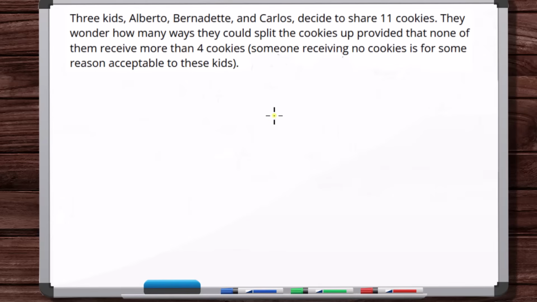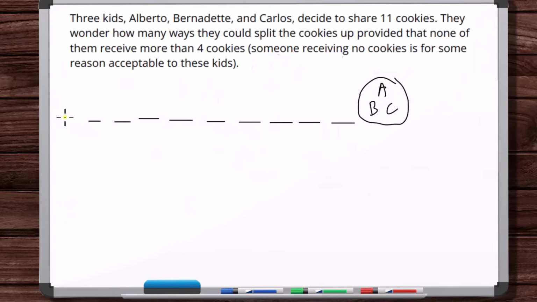The bins are the kids, and we're choosing from the bins, and we're going to associate each bin with a cookie. It's repetition because we could choose Alberto 11 times if we wanted to. But it's combinations because we don't care if we put Alberto on this cookie and Bernadette on that cookie, or Bernadette on this cookie and Alberto on that cookie.